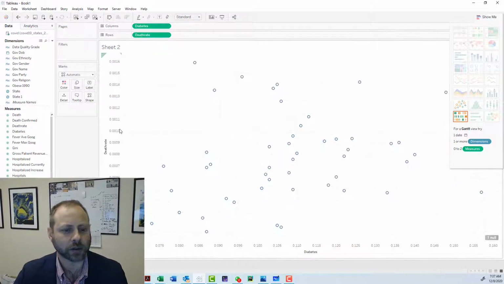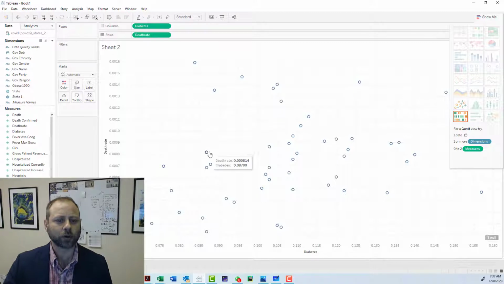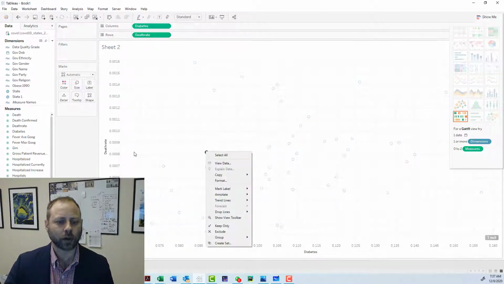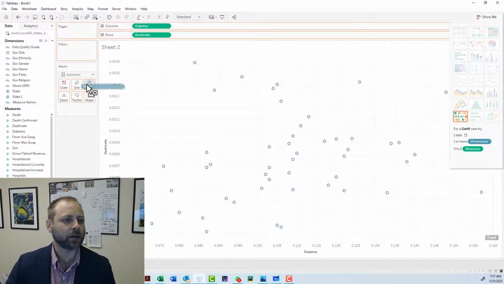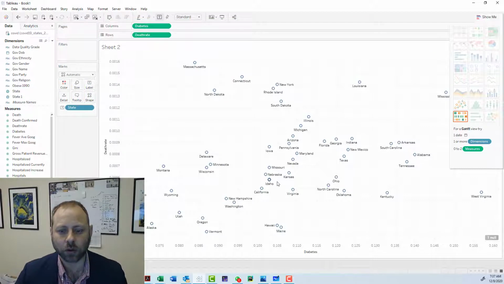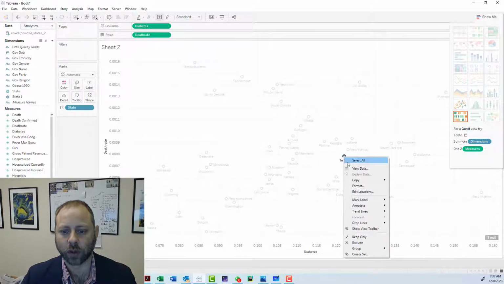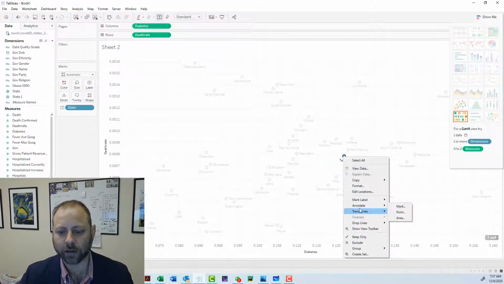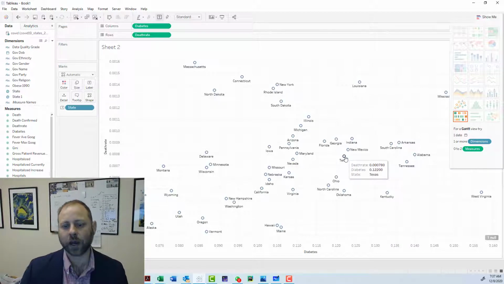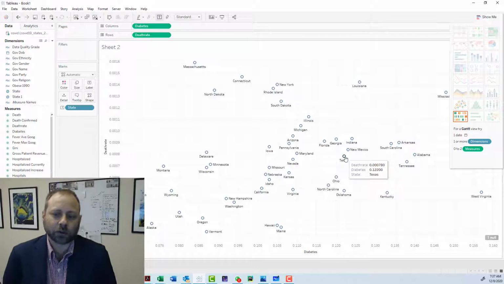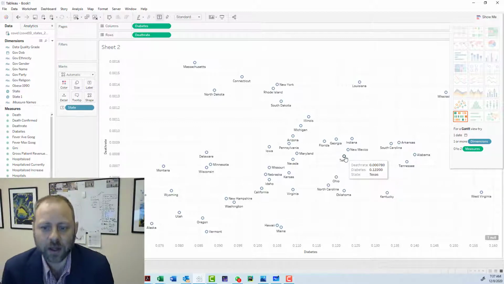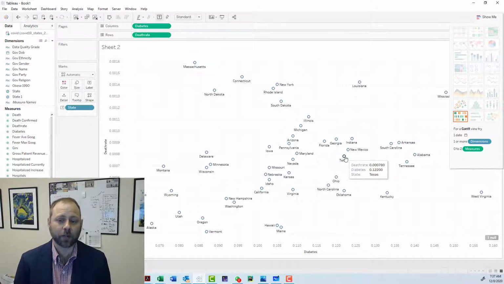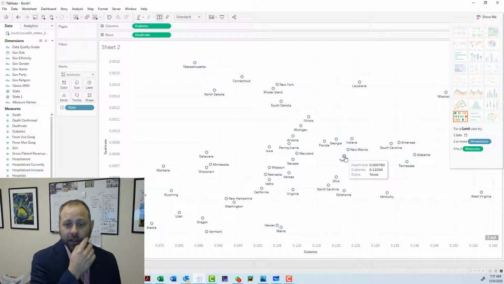I want death rates on the left-hand side, right? So if I were to go to, you know, I don't know what state this is. Let's grab a state and label them all. If I were to go to Texas, which is where we are, and annotate, mark the label, always show the label, then I would have a death rate of 0.0007, but 12% of the population has diabetes in the state of Texas.